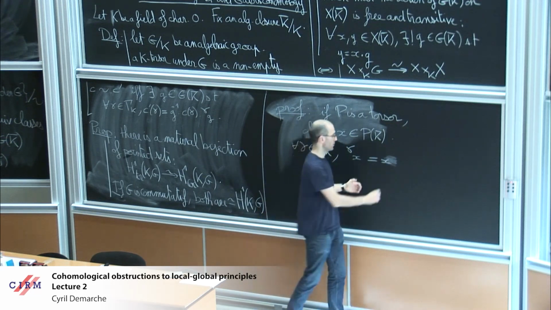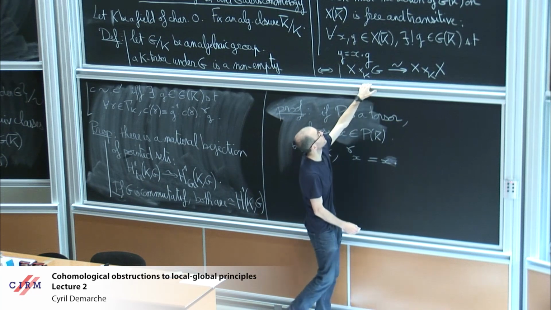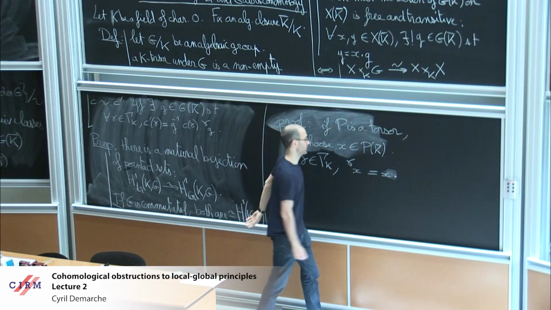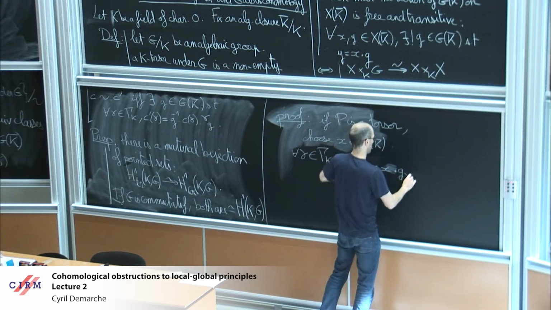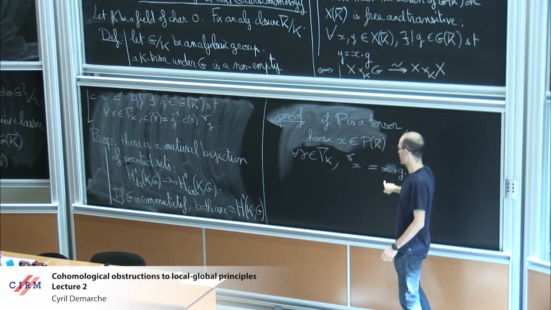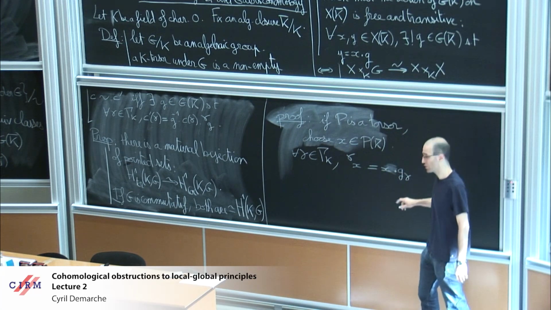They are not equal, but the difference, using this axiom here, is an element in G. So gamma(x) is of this shape, x times g_gamma, for a unique g_gamma.